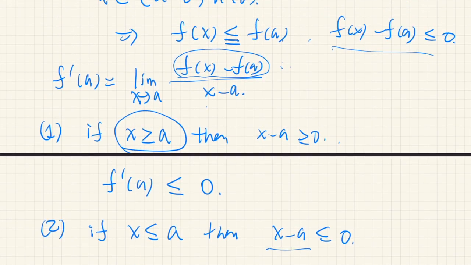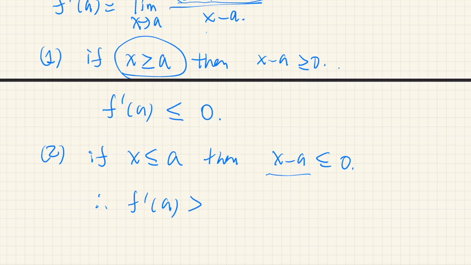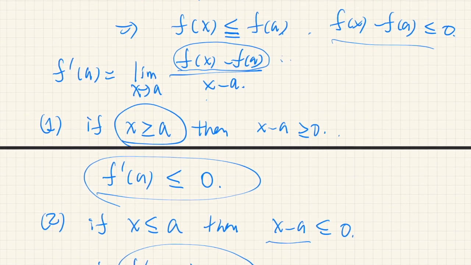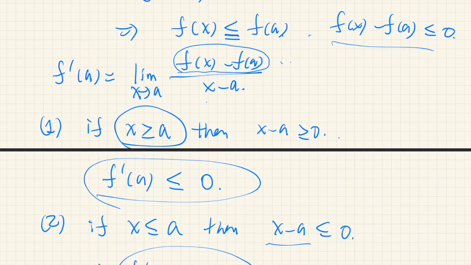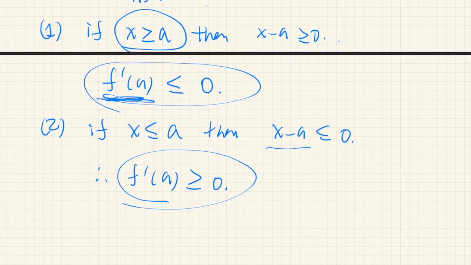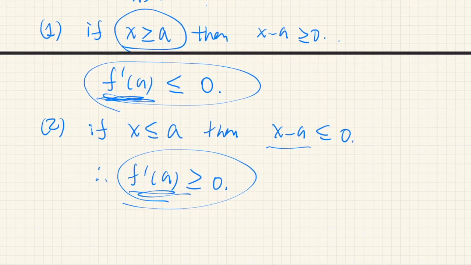Negative divided by negative is positive, so this is greater than or equal to 0. So this holds and this holds. And we're assuming that it's differentiable, so the right limit and the left limit should match. Therefore, if these two hold, the only possibility is that f prime of a is equal to 0. And we are done.